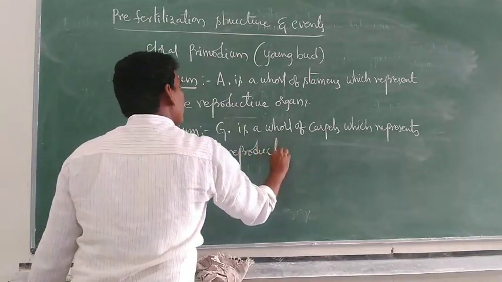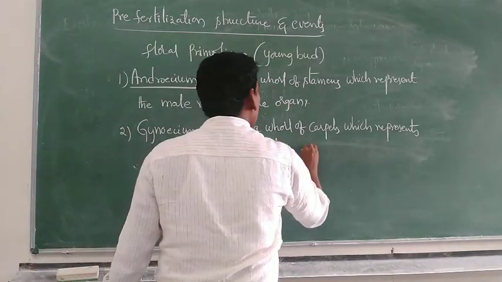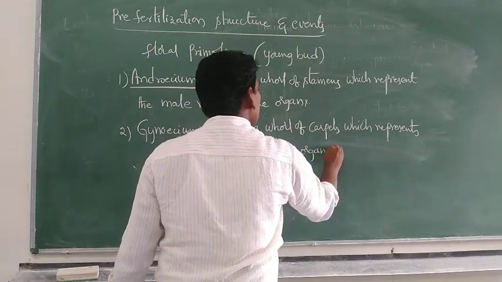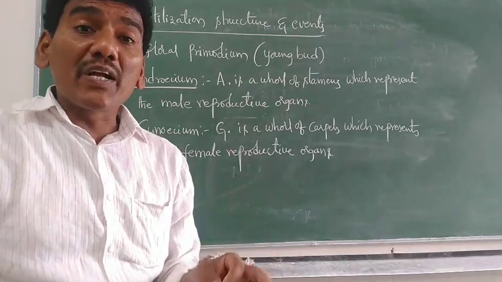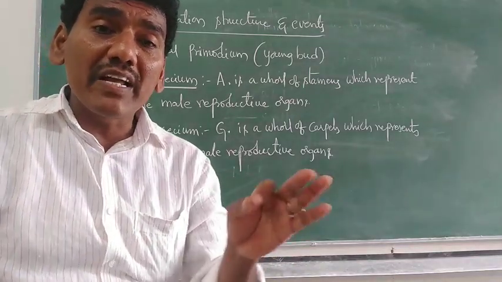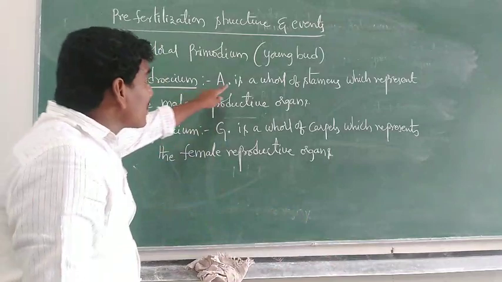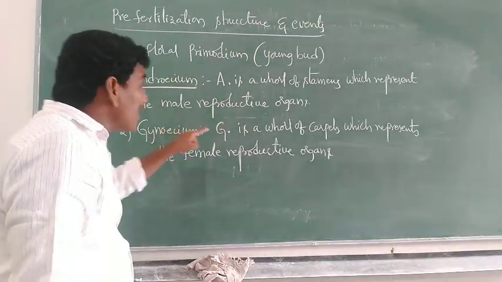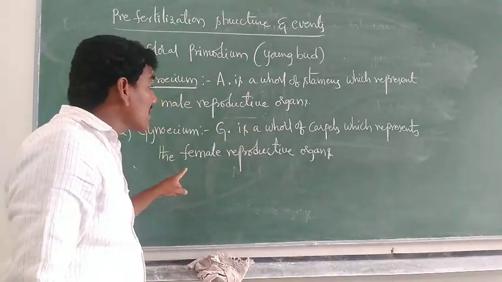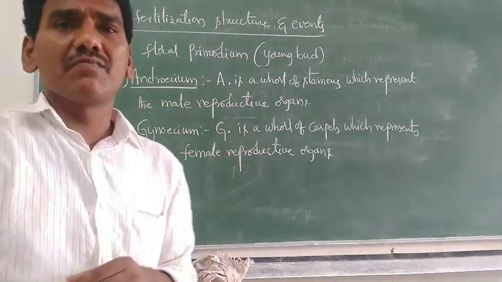The male and female reproductive structures of the flower are called androecium and gynoecium. Androecium is a whorl of stamens which represents the male reproductive organ. Gynoecium is a whorl of carpels which represents the female reproductive organ.